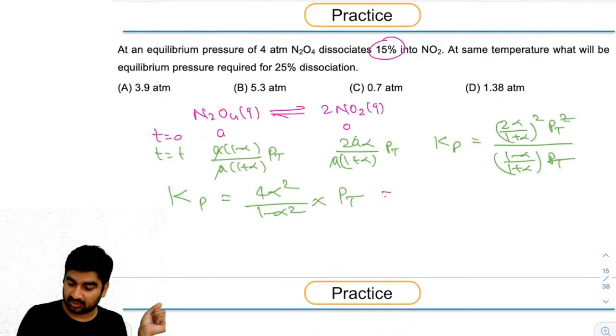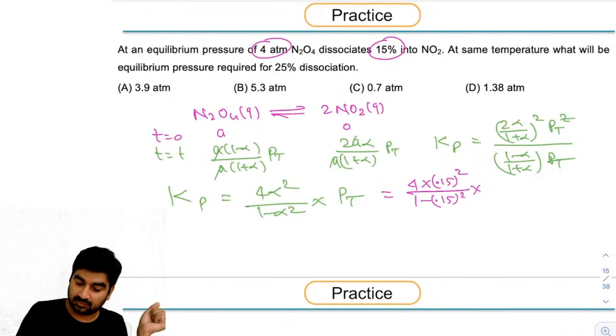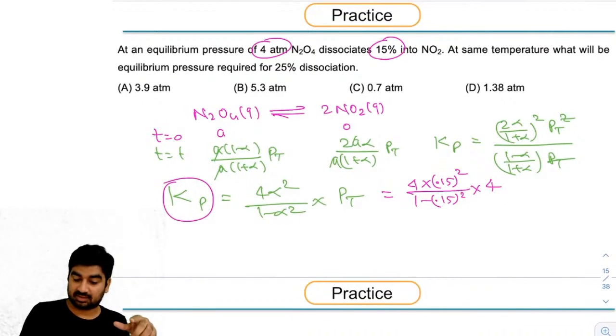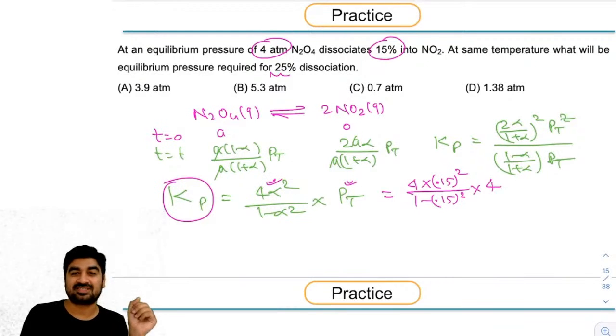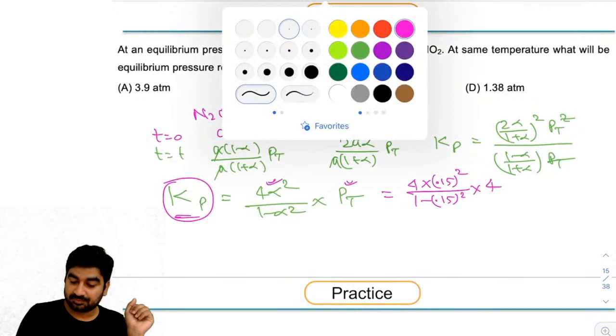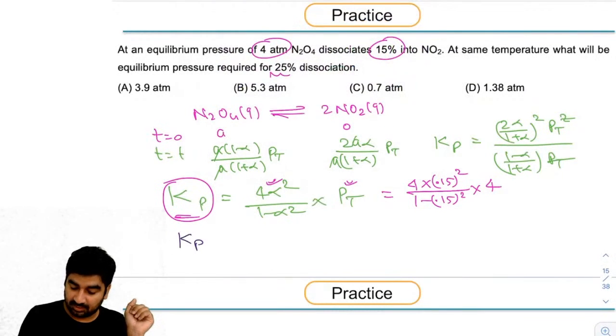So Kp you can calculate: 4 into 0.15 square over 1 minus 0.15 square into what is P total? 480. So once you know the Kp, now they are saying that alpha is changing, and if alpha is changing, then P total will also change, in such a way that their product will remain the same. So again, you can write Kp, that is 4 into 0.15 square into 480.